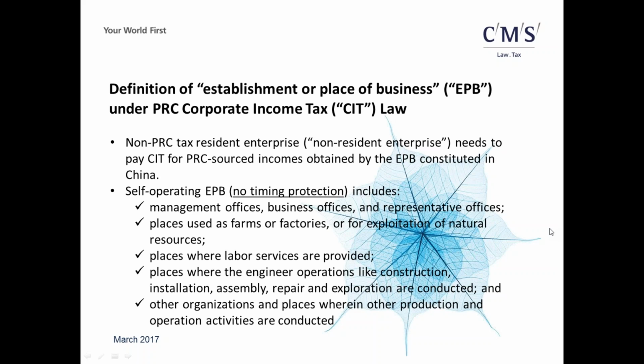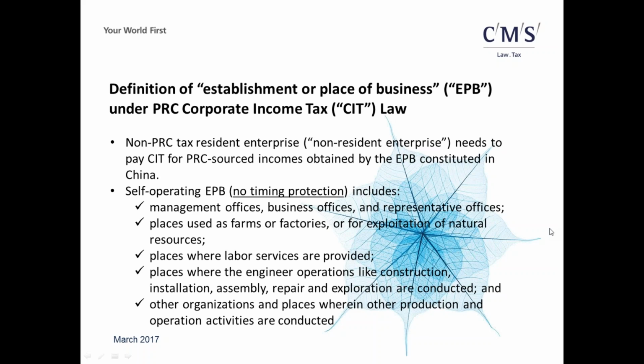We just talked about an EPB under the PRC corporate income tax law. When a foreign enterprise or a non-PRC tax resident enterprise constitutes an EPB in China, according to the PRC corporate income tax law, it needs to pay PRC corporate income tax in China.